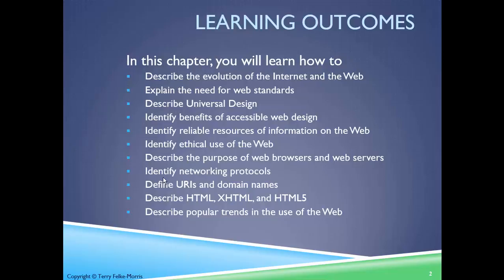Identify ethical use of the web. Describe the purpose of web browsers and web servers. Identify networking protocols. Define URIs and domain names. Describe HTML, XHTML, and HTML5, and describe popular trends in the use of the web.